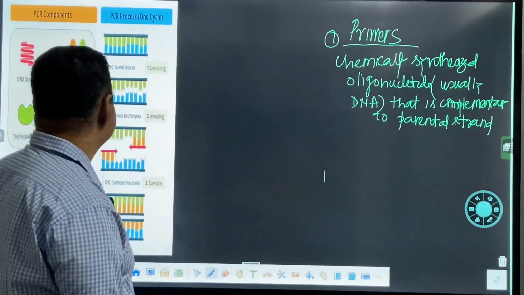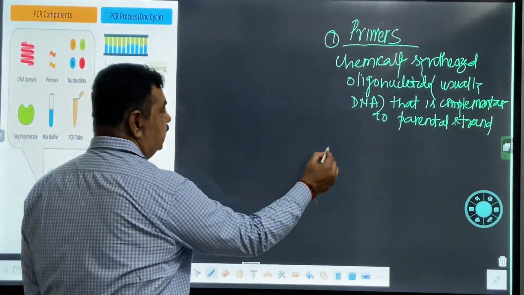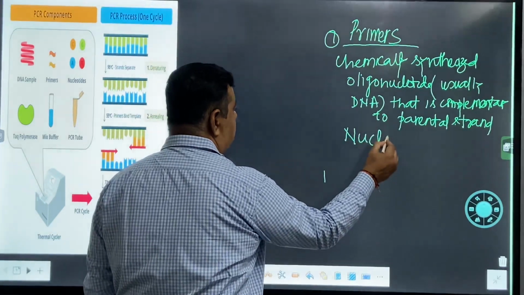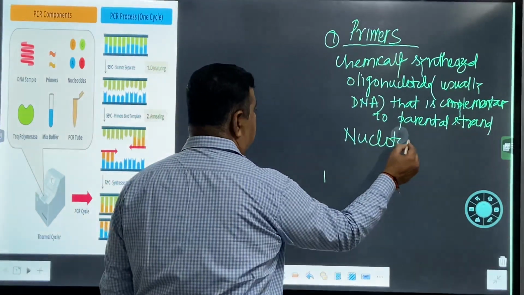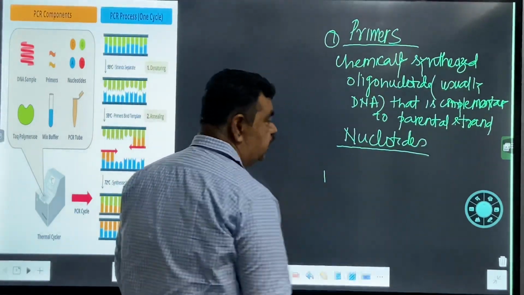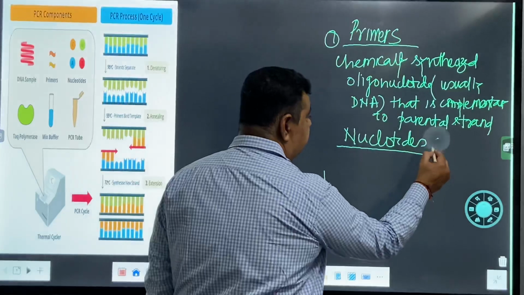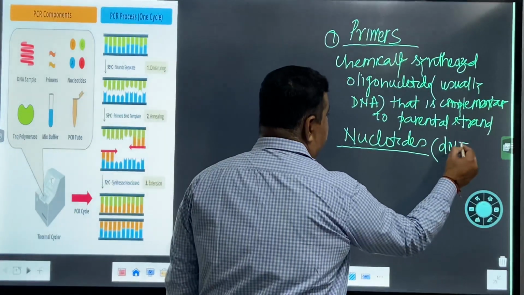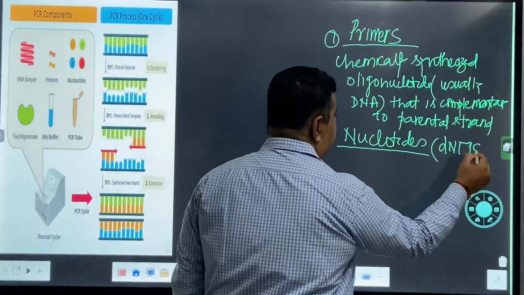Second, you are seeing the nucleotides. Nucleotides are present in the form of dNTPs.